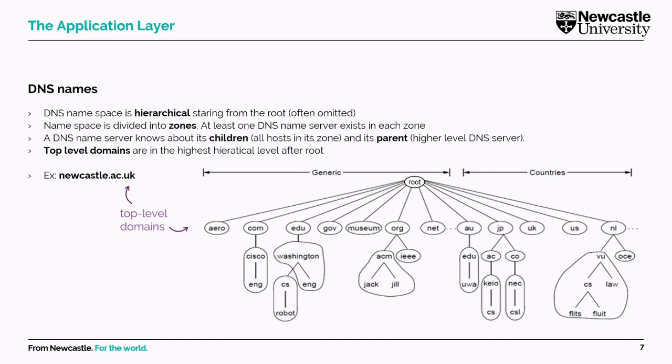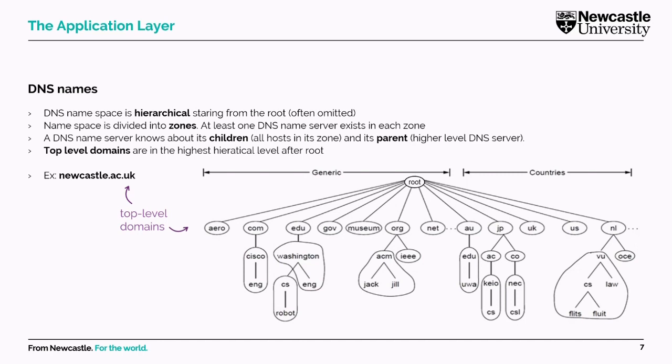You can have .com, .co.uk, and these were built in a hierarchical fashion. Starting with the root, which is often omitted, it's divided into zones, and at least one DNS server exists in each zone. In fact, you'll have many, because you need redundancy across the web.